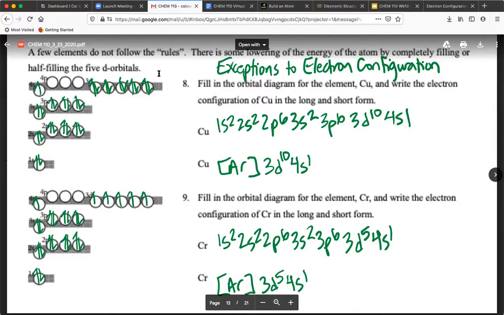The problem is that 3d9 is less stable because one of these electrons is unpaired. Instead, it's better to completely fill all of the 3d electrons so that everything is paired, and then the 4s is half filled with a single electron. That makes it more stable because it is half filled and completely filled.